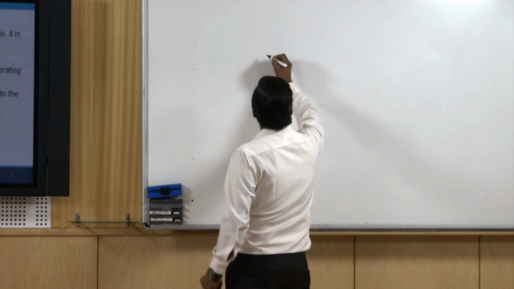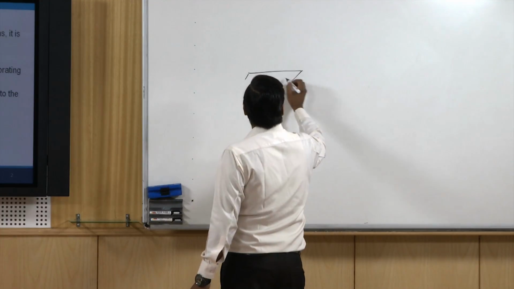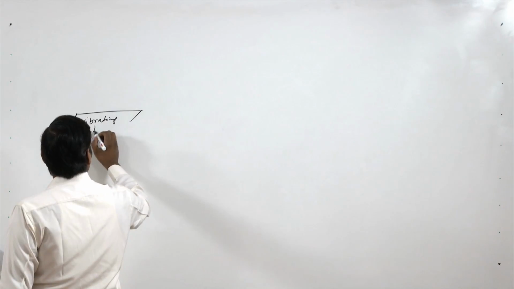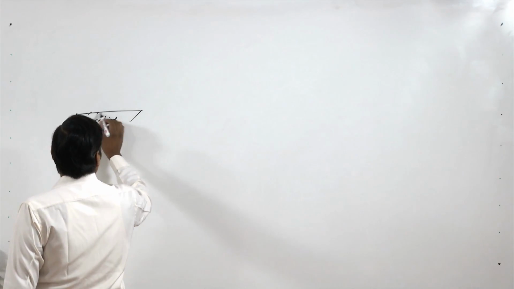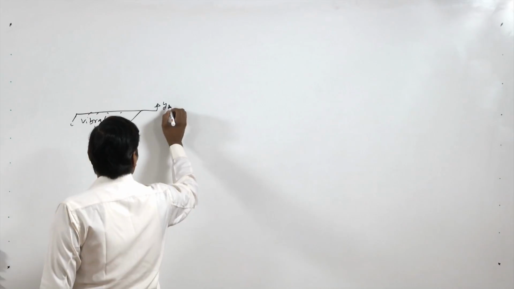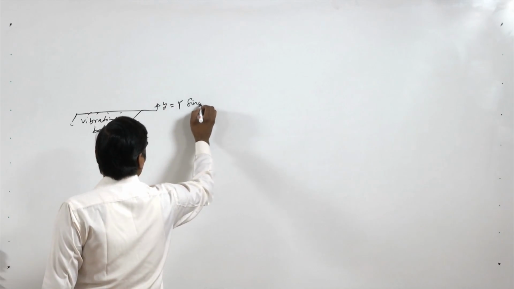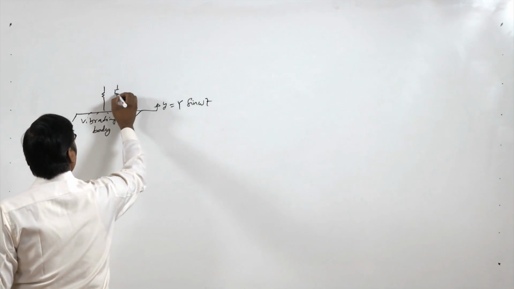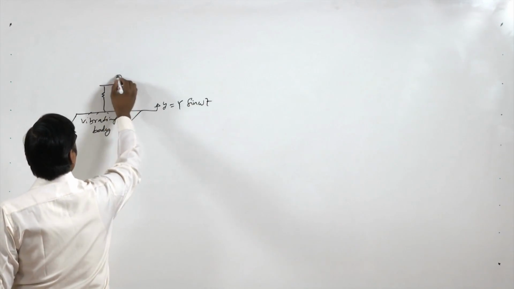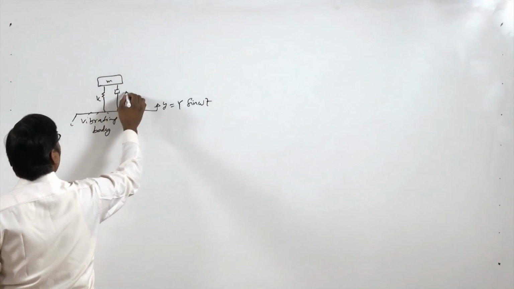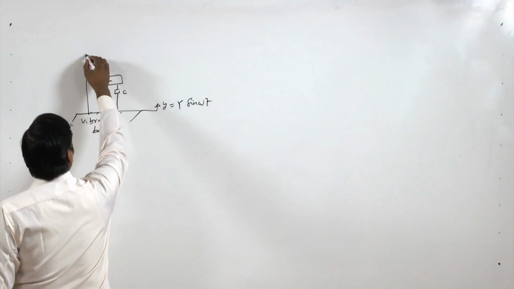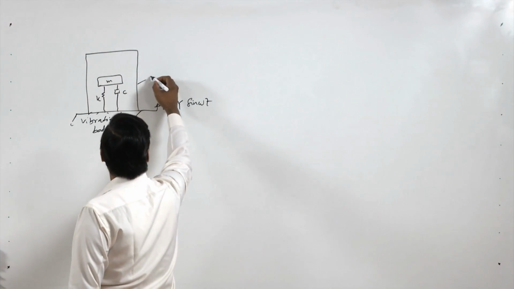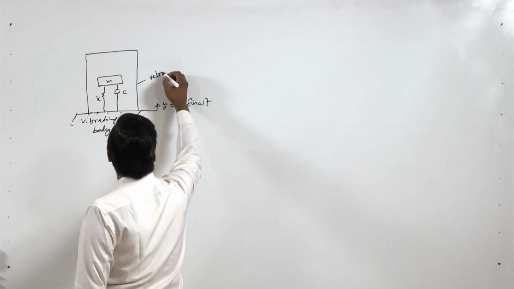So we have this vibrating body, y equal to Y sin omega t, and this is our instrument. This is the seismic mass, and this is the frame of our instrument. Let us say we have to use it like a velometer.